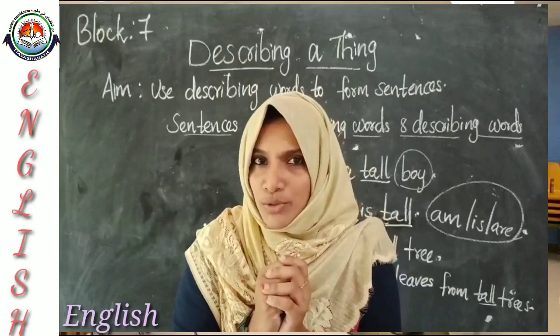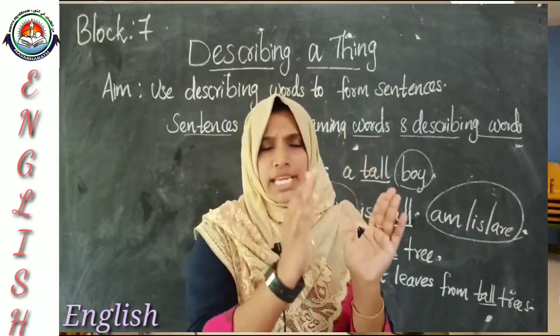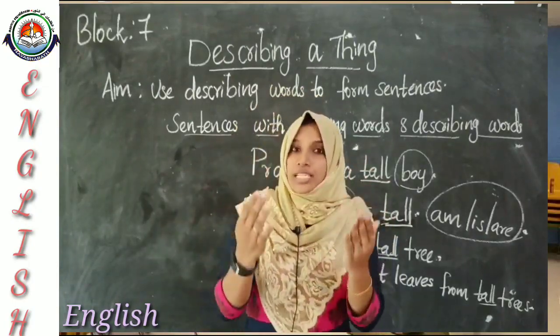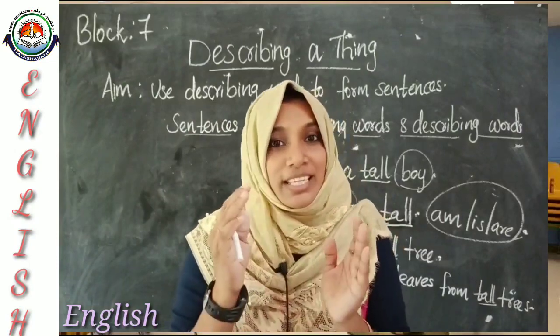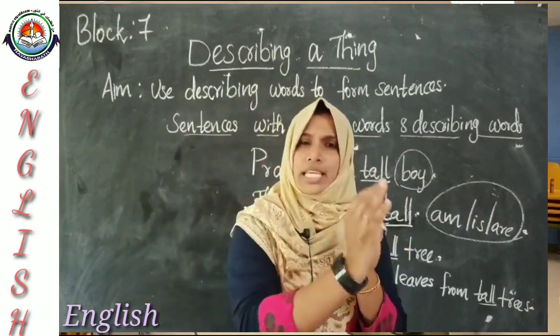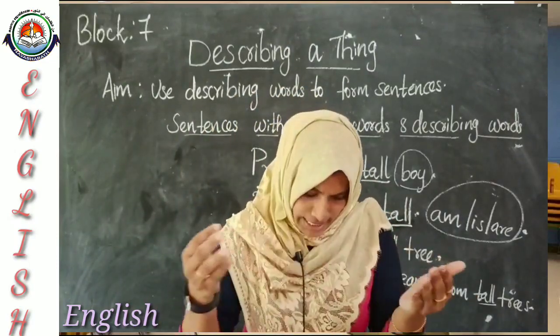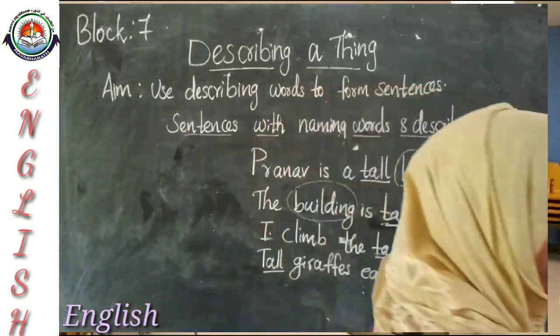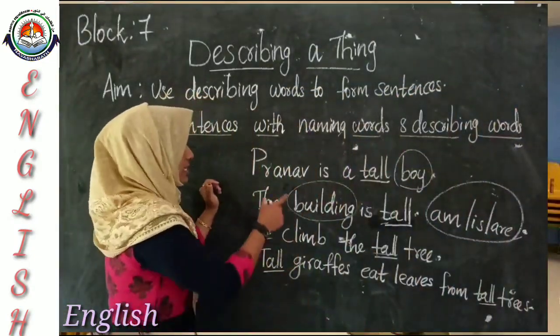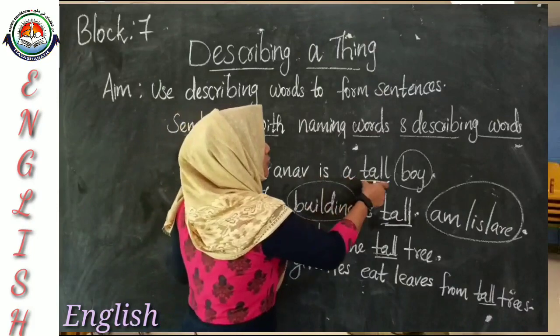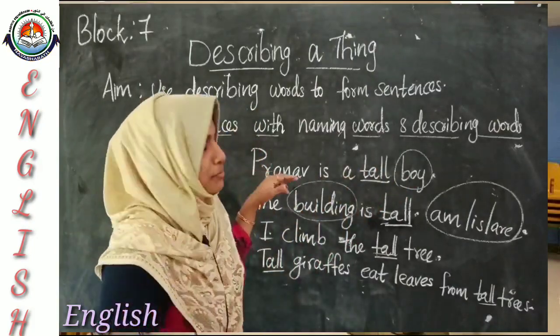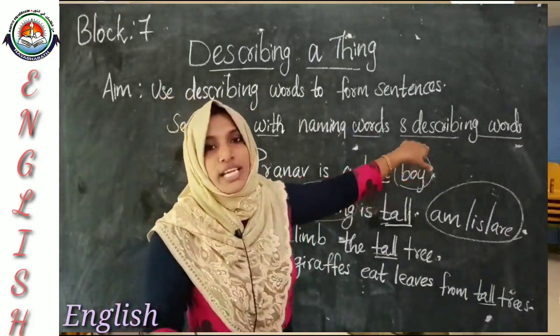Okay, let me ask one question. Can we use the same describing words to describe anything? Yes, we can use the same describing words to describe many things. For example, let's see the first sentence. Pranav is a tall boy. Here I have used the describing word tall.